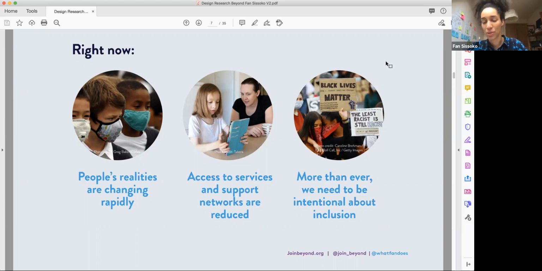Doing research can be a really useful way of, first of all, reaching people that you may not be reaching right now, but also understanding what might be stopping them from accessing the services that you're providing. Maybe it's not the right service, or maybe the language that you use is not the right one, or maybe they don't see themselves reflected in it. So research provides you with an opportunity to ask those questions around access and inclusion.